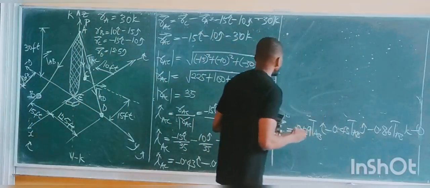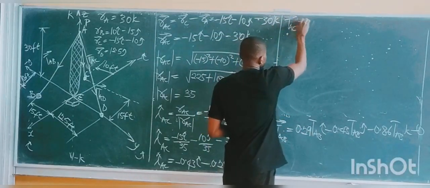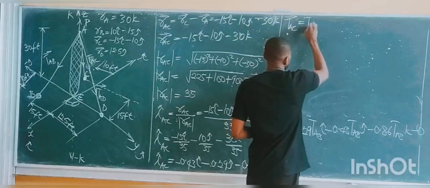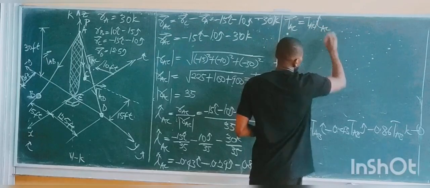So the tension vector in cable AC is simply TAC equal to the magnitude of tension in cable AC multiplied by lambda, the unit vector of cable AC.